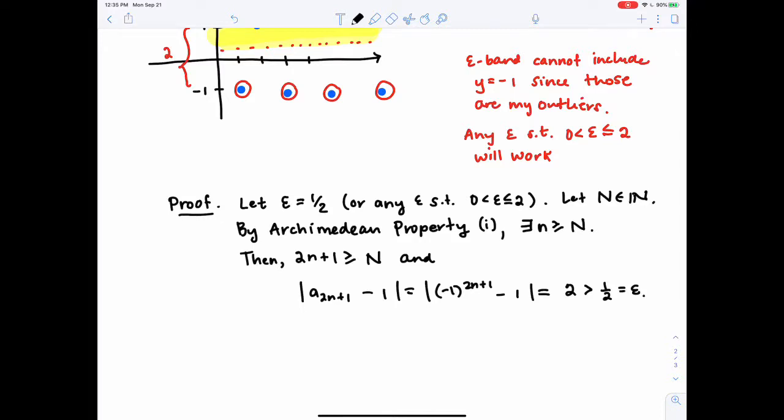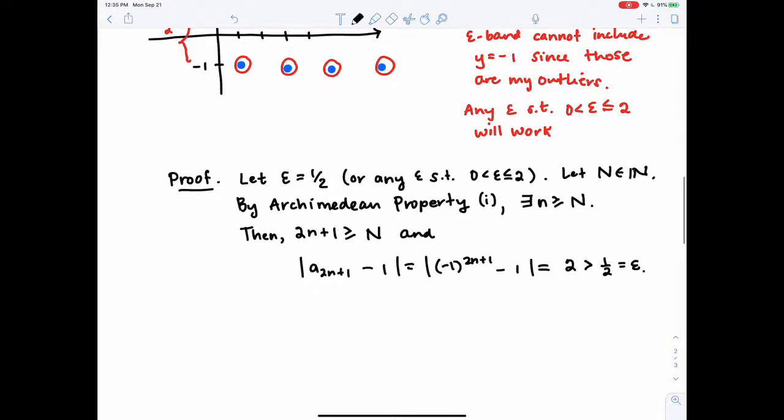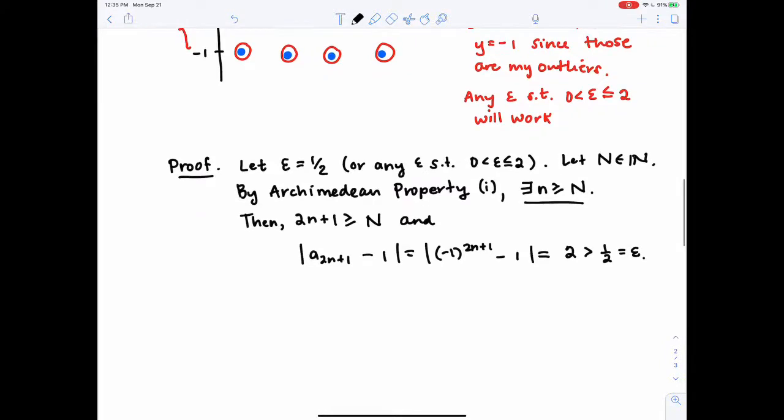That's just to be clever, to guarantee that the number I'm working with is definitely odd. I could have gone through an argument to say, pick your little n, at this stage right here. If n is odd, a sub n minus 1 is 2, which is bigger than epsilon. Otherwise, a sub n plus 1 minus 1 is 2. So that's it for that proof.